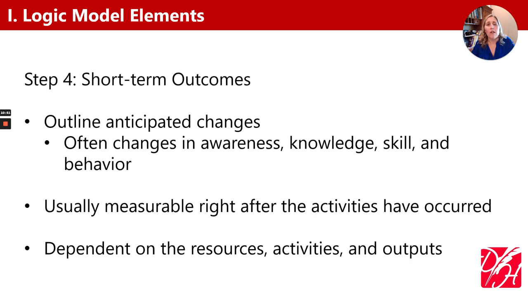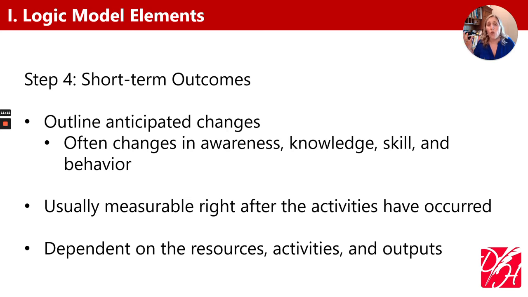We'd be thinking about short-term outcomes. So what are the anticipated changes? The changes in awareness, knowledge, skill, or behavior that happen as a result of our work. We wouldn't be able to talk about these potential outcomes if we hadn't already conducted the activities.